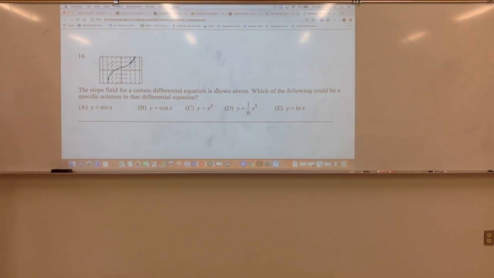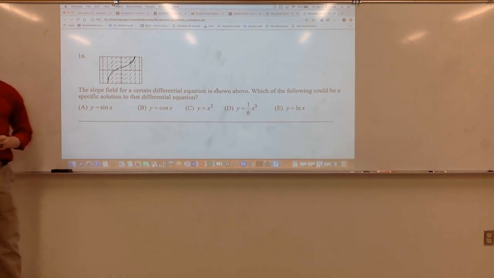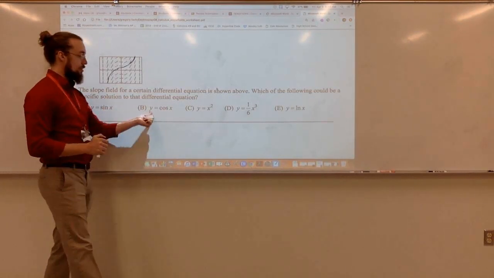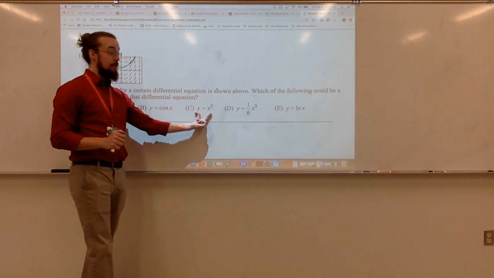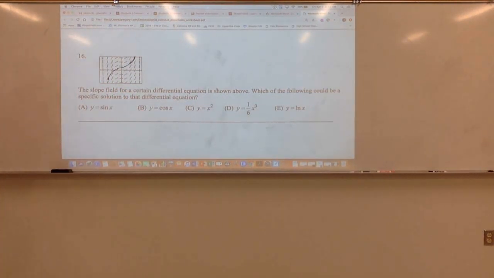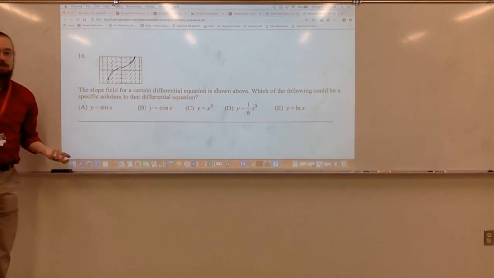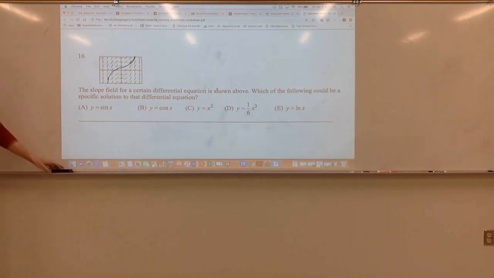Yes, so if all of these said dy/dx instead of y, this would be the right answer. So make sure that you're paying attention to whether it's saying this is a graph of the solution, right? So we're given y's or we're given dy/dx's. Anything else on the homework?